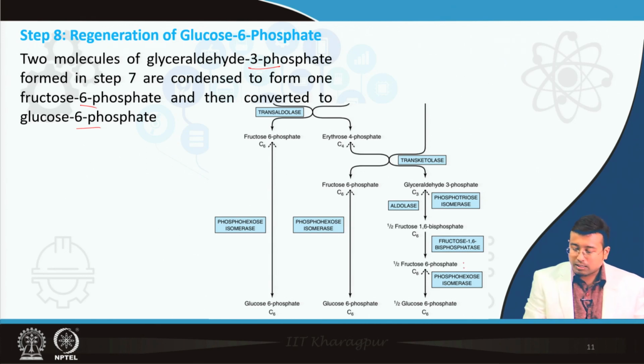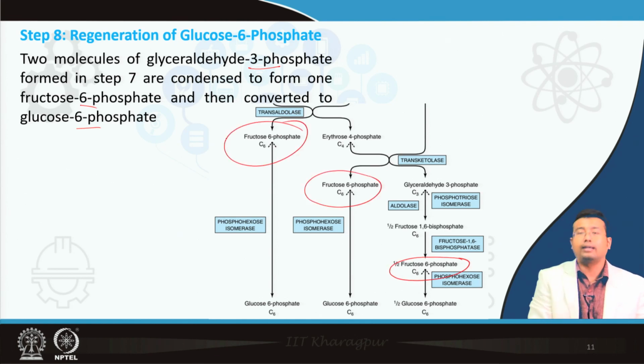So, fructose 6-phosphate can be converted to glucose 6-phosphate just by the enzyme phosphohexoisomerase, and this fructose 6-phosphate is not only formed at the end, it was formed in earlier steps also, in transaldolase and the second transketolase also. Fructose 6-phosphate is formed. They also get converted to glucose 6-phosphate by the action of phosphohexoisomerase.